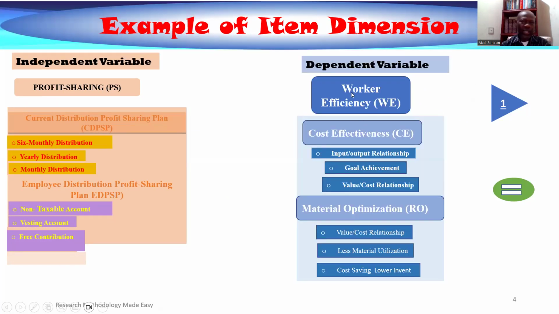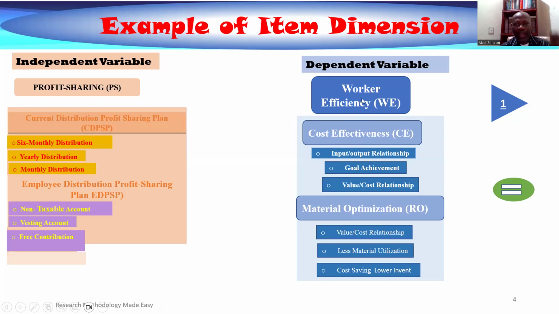For the dependent variable corner, we have worker efficiency, that's the dependent variable, and under it you have cost effectiveness. Under cost effectiveness, you have indicators like input-output relationship, goal achievement, value cost relationship. These are indicators of cost effectiveness, not worker efficiency.